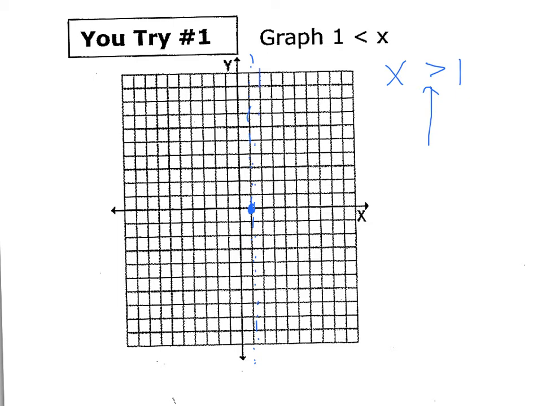So there's our vertical dashed line, and then we want to decide where we should shade. We want all the x values that are greater than that line. Which way is greater? In this case, of course, that would be to the right. So if we shaded all the values that were greater, we'd have all these ordered pair solutions over here.